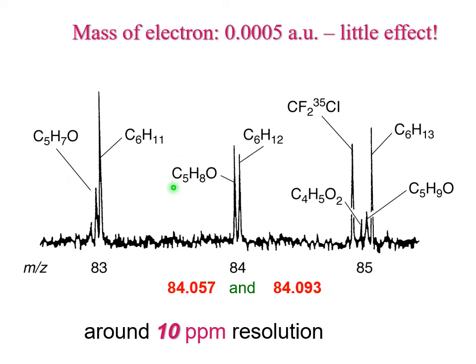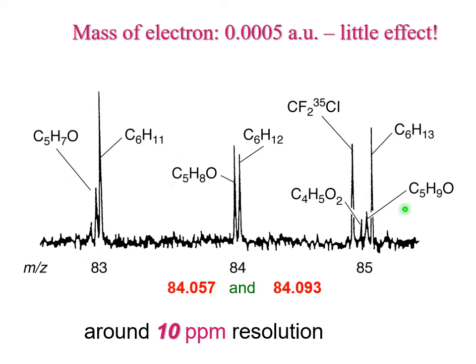So C5H8O and C6H12 both have formula masses starting with 84.0, but then it's 57 for the oxygen-containing compound and 93 for the hydrocarbon. So you can see the difference of these two. You cannot see them on low-resolution instruments. They will show the peak at exactly the same position.